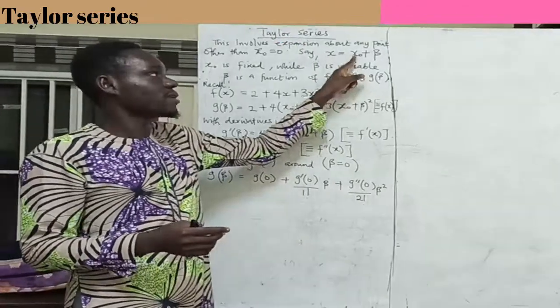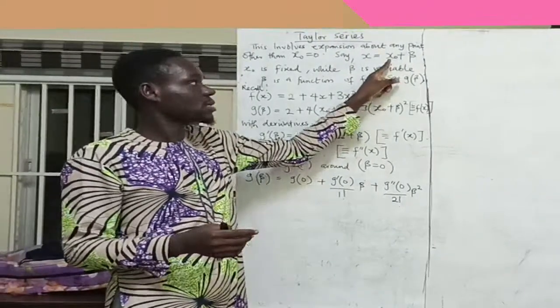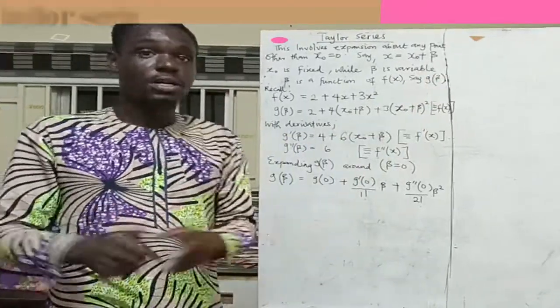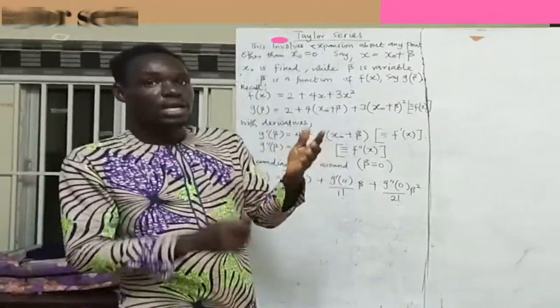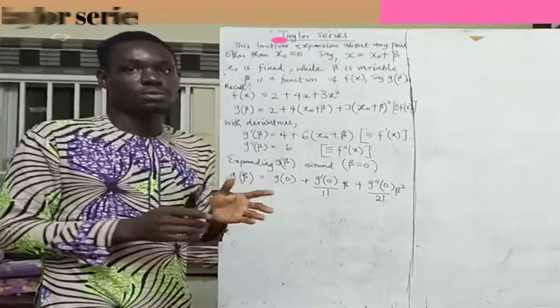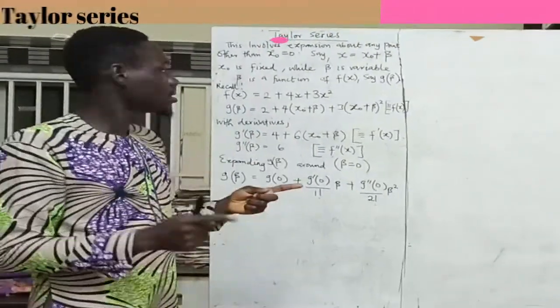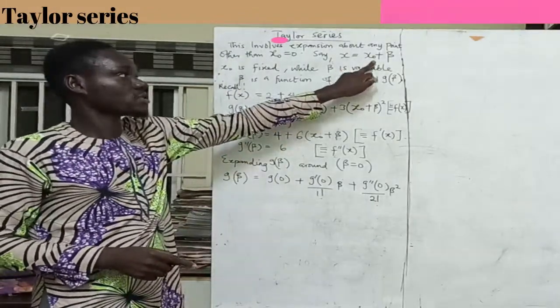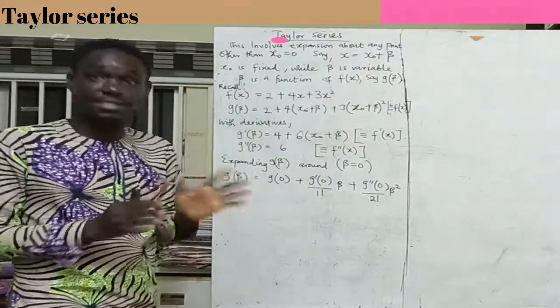This is the value we actually expand around, and beta is the deviation, the deviation away from the exact value that we have to expand around. Now, the value s naught is fixed, it is known.